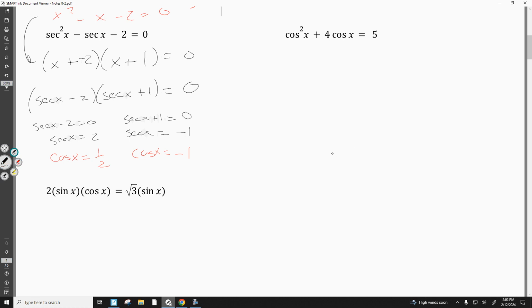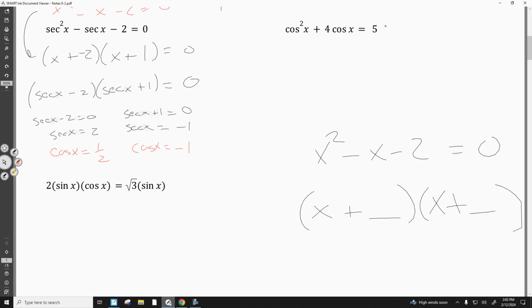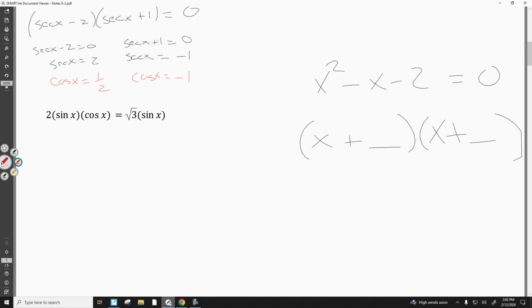If you are to factor x squared minus x minus 2, you don't factor out an x from these two. This is the product of x plus a number times x plus a number. You know, like if you multiplied this out, you get x squared, you get 1x, you get negative 2x, and you get negative 2. That's that.